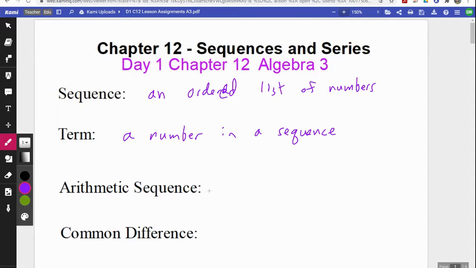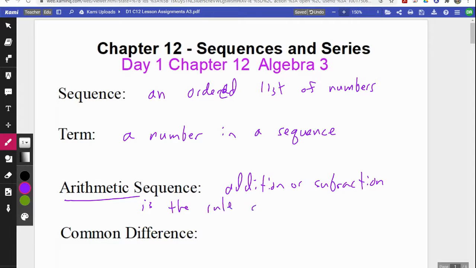So an arithmetic sequence, arithmetic refers to addition or subtraction, is the rule of the sequence. And it has to be consistent. It can't just start changing its rule from one number to the next. It has to be a consistent pattern.